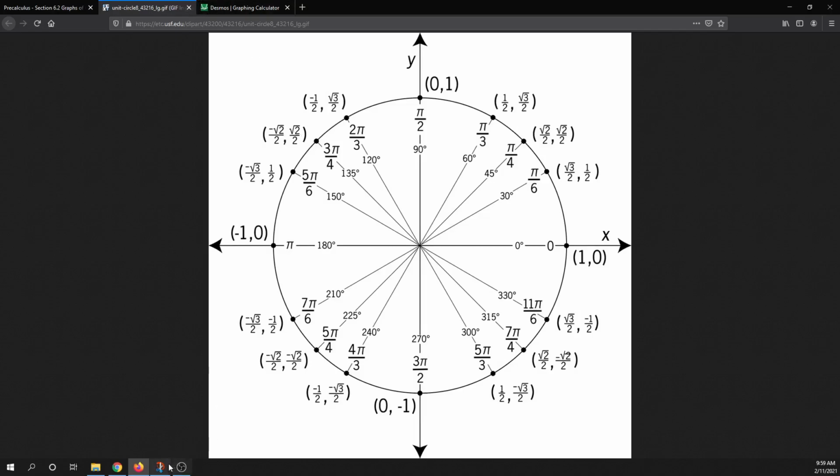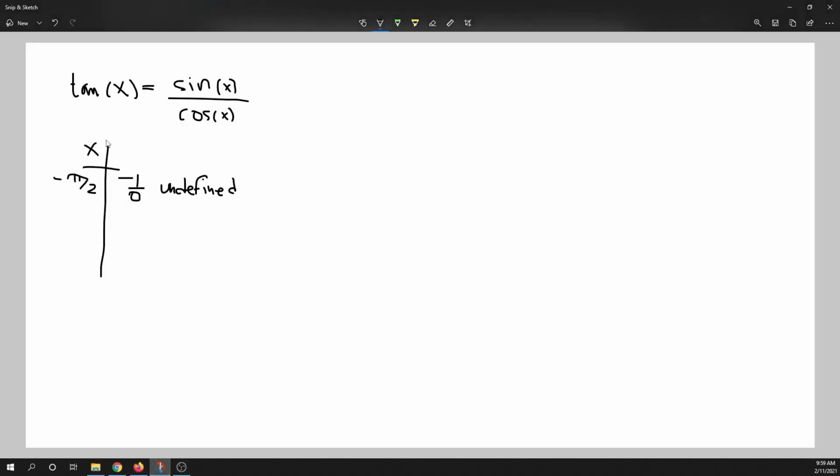So the value at negative pi over 3 is going to be negative square root 3 over 2 over 1/2.